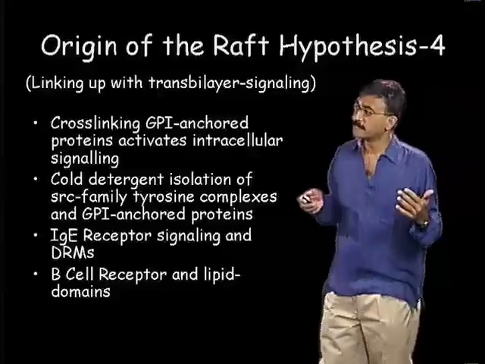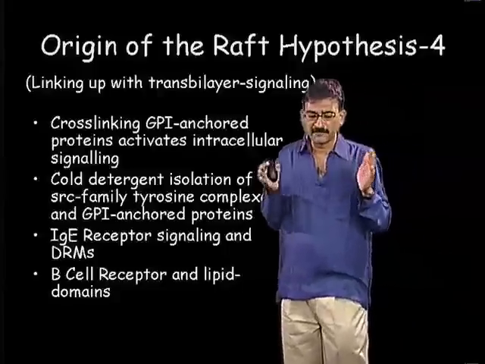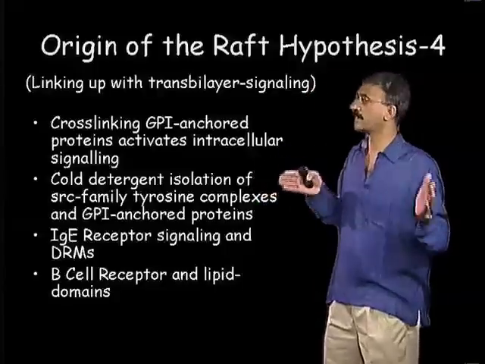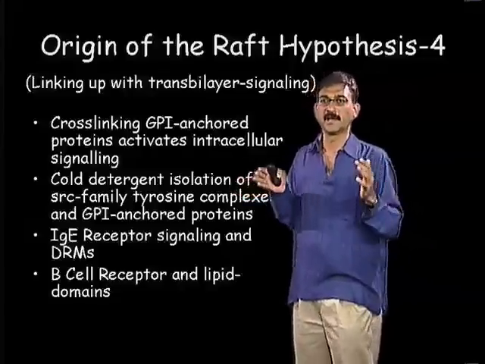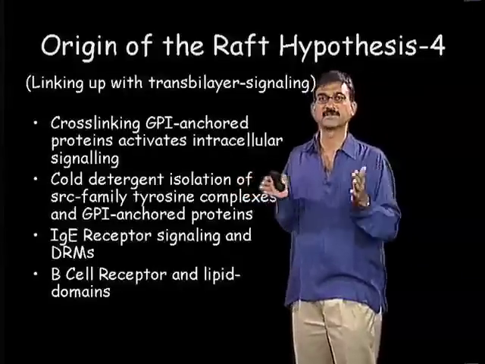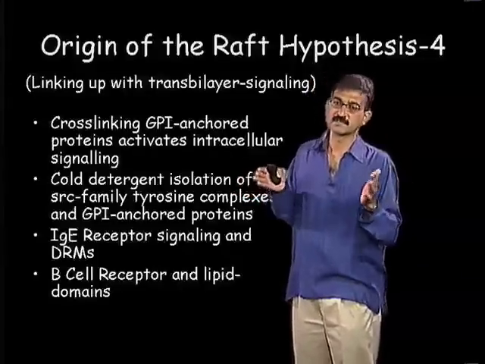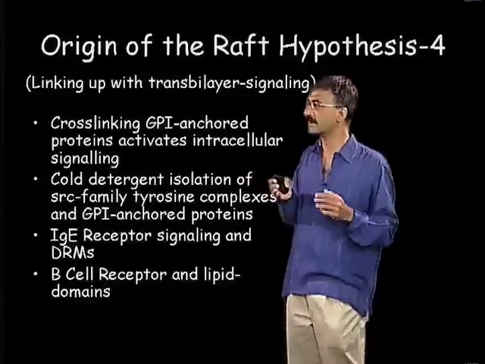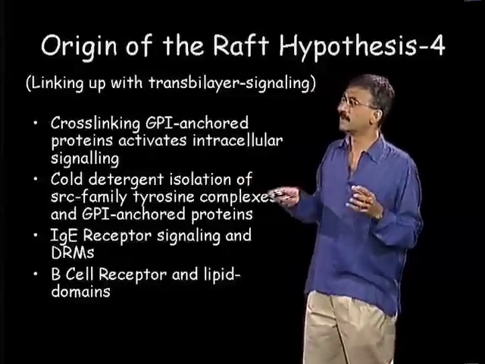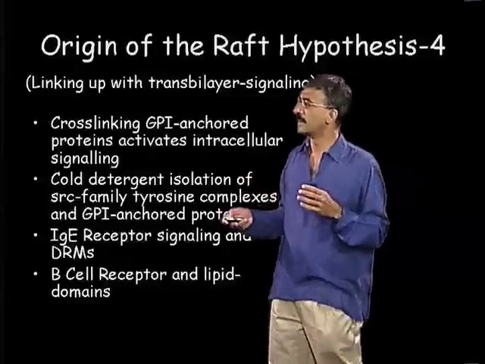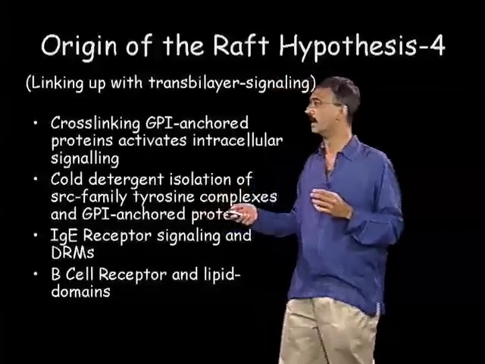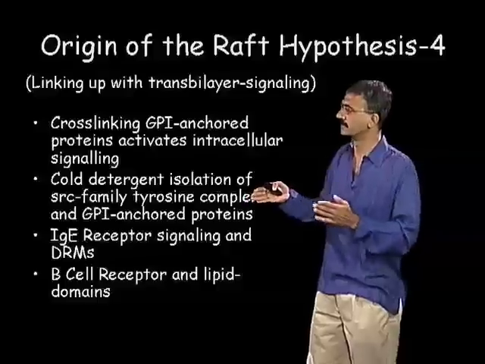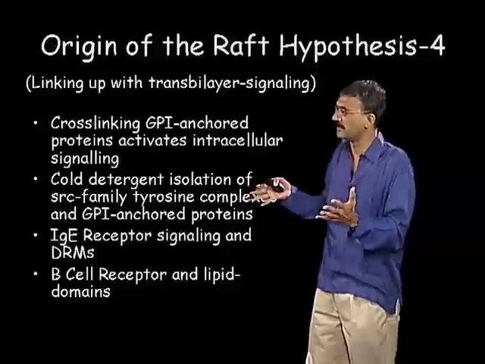At this time, investigators studying the signaling of these GPI-anchored proteins noticed that whenever they isolated these GPI-anchored proteins in these Triton-insoluble structures from cells in which signaling was occurring, they could find lipid-tethered inner leaflet components that were in fact associated with the GPI-anchored proteins.